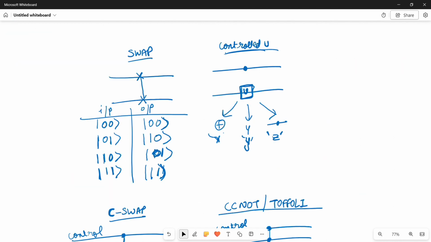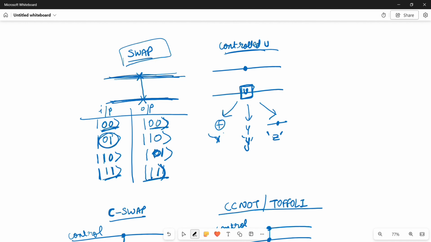So I'll just brief you about the other multi-qubit gates. The derivation and everything is given in the notes, and they are pretty easy and the same as what we have done for the above one. Like swap, this is swapping two qubits. When both qubits are the same, keep them as they are.